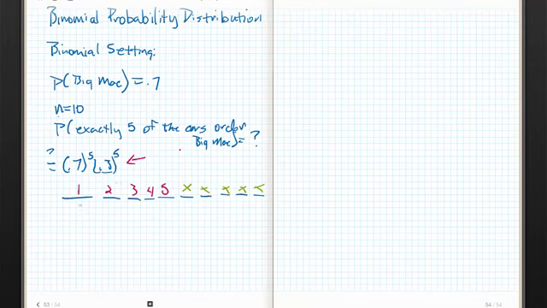If you think about it, let's say that the first car orders a Big Mac, but then we don't get another Big Mac until the 4th, the 5th, the 6th, and then the last car. And then the rest of these guys are misses. Well, what we have to account for is all of the ways in which that can happen.